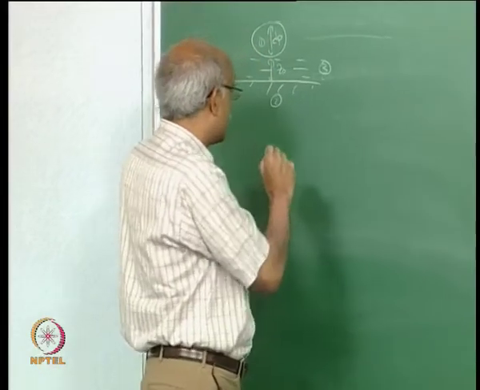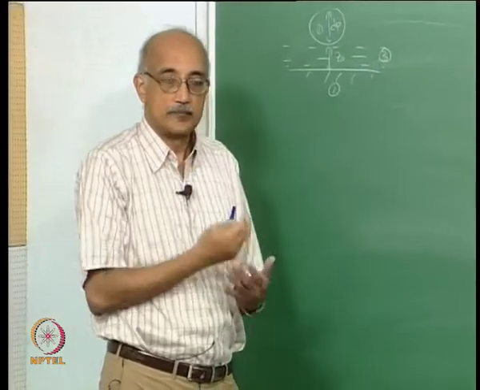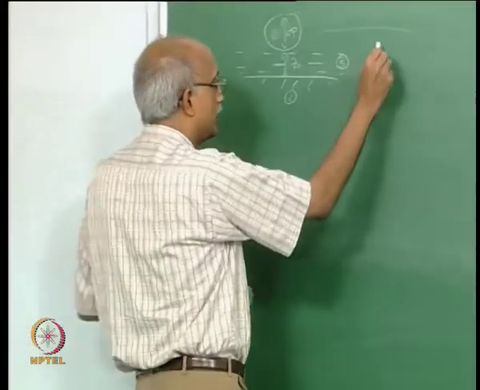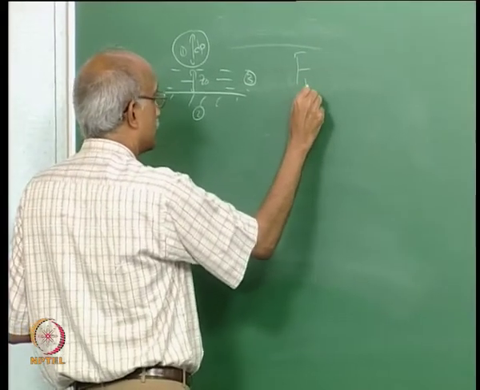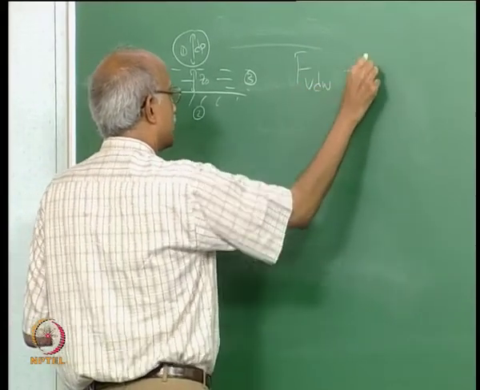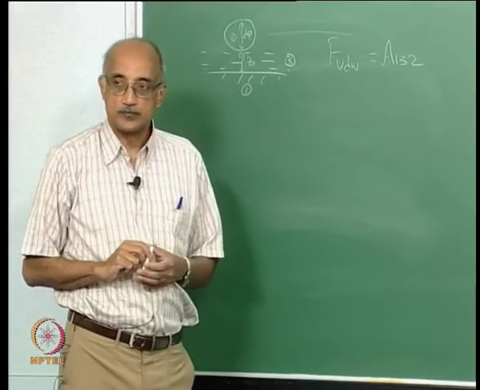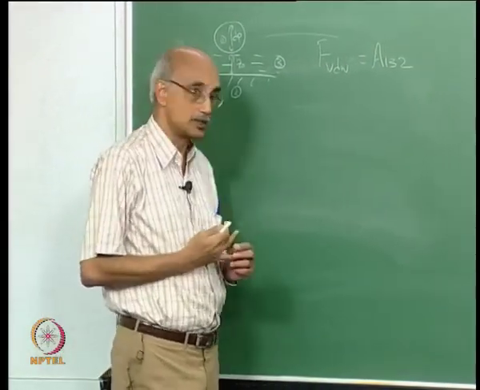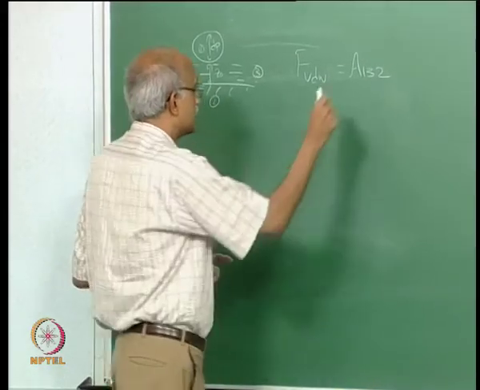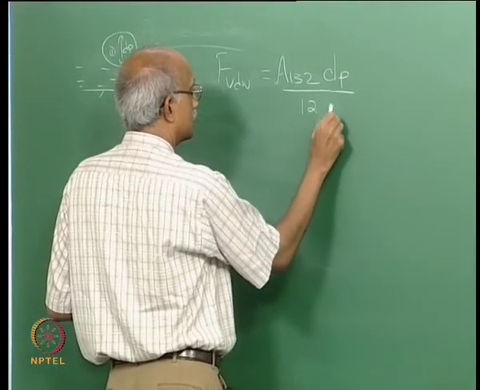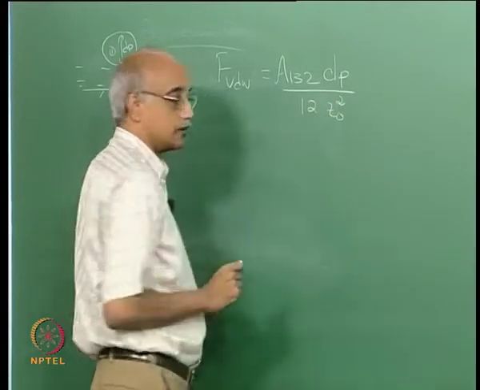For this particular geometry of a spherical particle that is in near contact with the surface, the corresponding van der Waals force is given by, again, A132 certainly appears in this equation as well, times dp divided by 12 z0 squared.